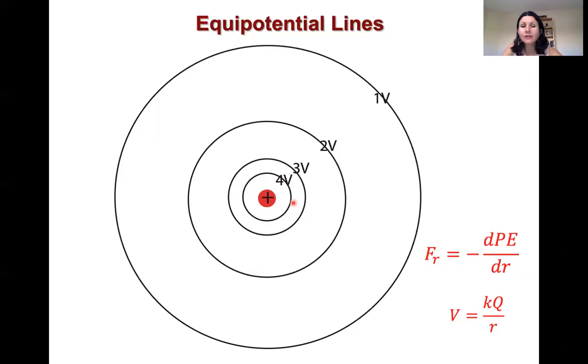Now, how is the idea that the potential changes much more rapidly with small r represented here by the density of these circles? We see that when we're close to the charge, for these two circles to have a change, let's say, of 1 volt, this delta r is very small.